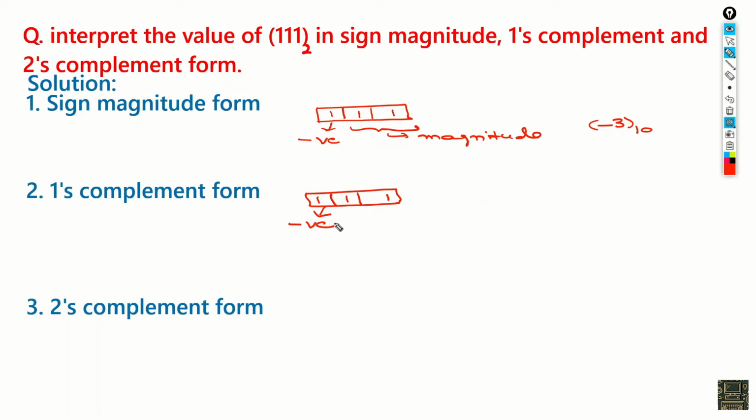How do we represent the number in 1's complement form? First we calculate the representation of the number in binary, then we take the 1's complement of that number. So in order to know the actual number, I need to find the 1's complement of this 111. It is nothing but 000.